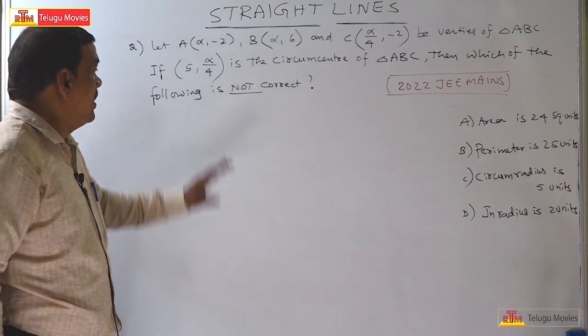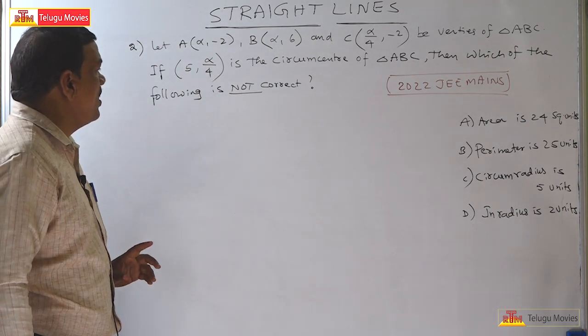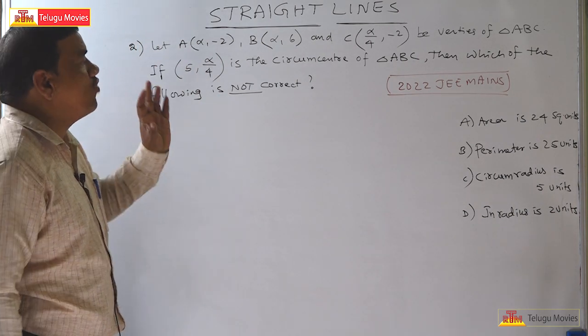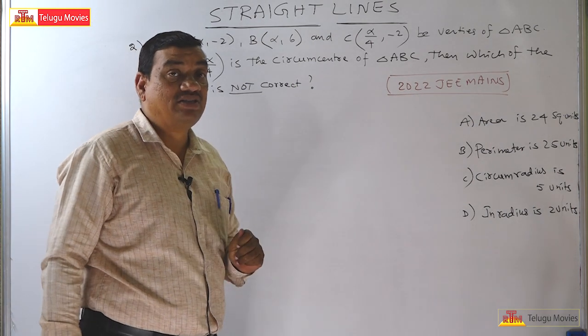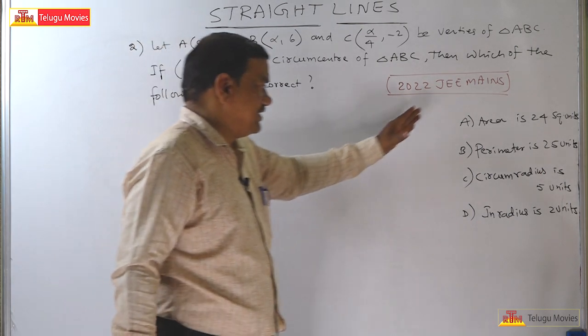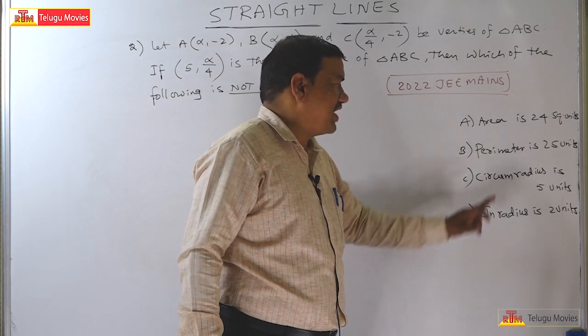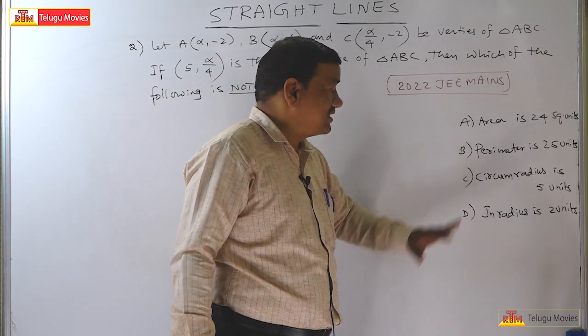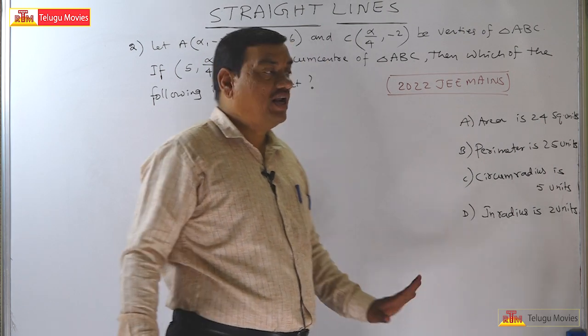If (5, alpha by 4) is the circumcenter of triangle ABC, then which of the following is not correct? Here the options are area of the triangle, perimeter of the triangle, circumradius and inradius. Okay now, let us see that.